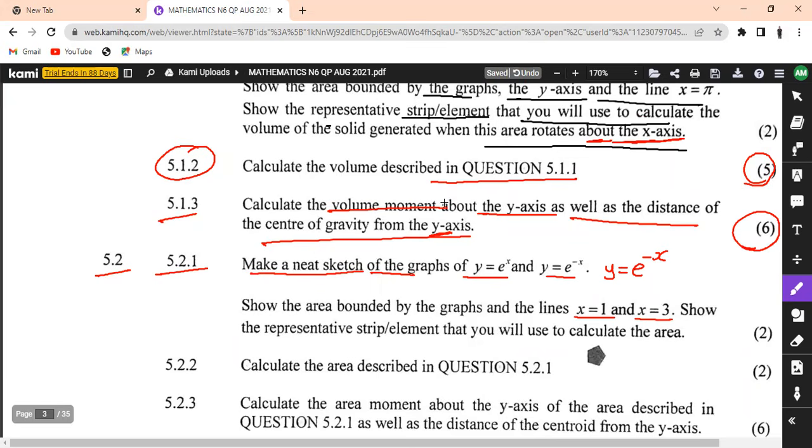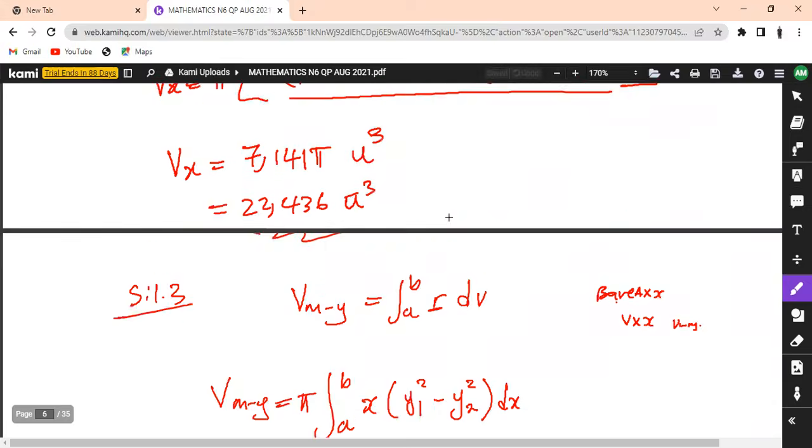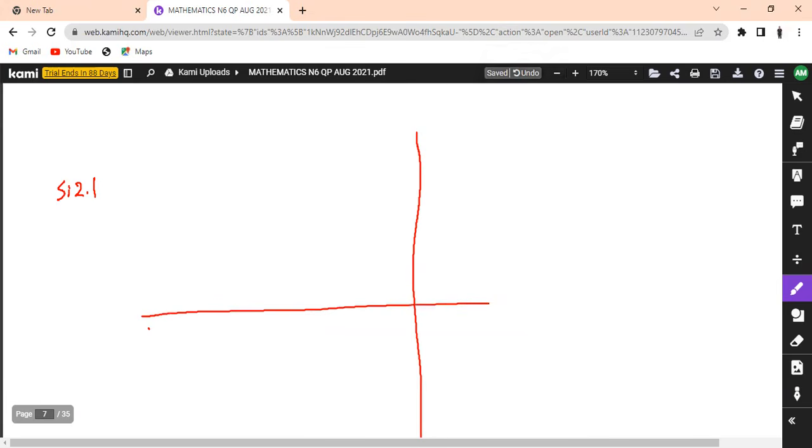These ones you must actually know how the graph of an exponential function is supposed to look. We know if it is e to the exponent of x, it's supposed to be something of this nature.